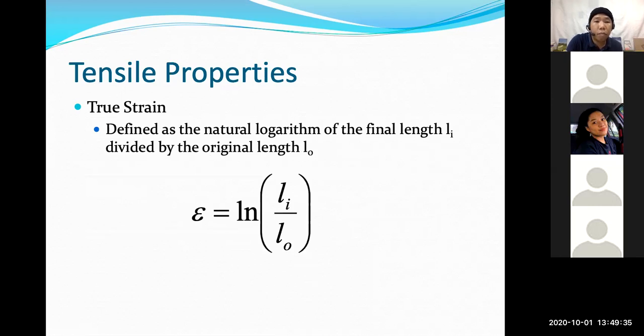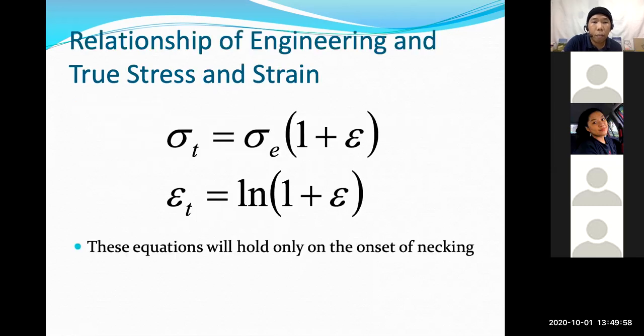Now, true strain is defined as the natural logarithm of the final length, represented by L sub i, divided by the original length, or L sub o. Remember, true strain is the natural logarithm of the final length over the original length. These equations are the relationship of the engineering stress and strain to the true stress and strain.